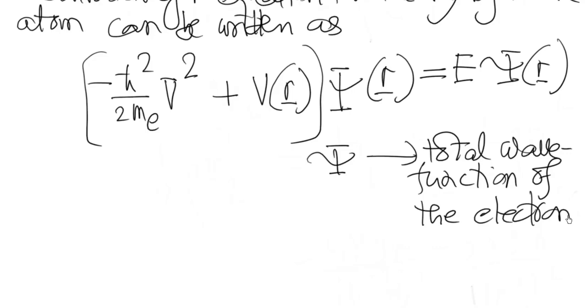In order to solve this Schrödinger equation, the Cartesian coordinates are converted to spherical polar coordinates r, theta, phi, which are defined as follows.